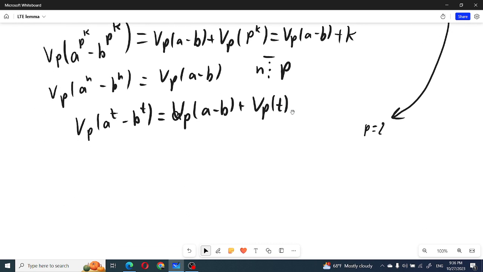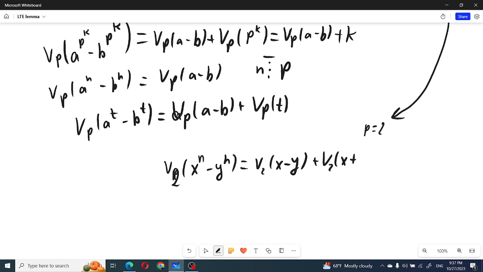If you are interested in the formula, please write in the comments and I will discuss this. v2 of x to the n minus y to the n equals v2 of x minus y plus v2 of x plus y plus v2 of n minus 1. This is almost the same but a bit different, and if you forget about this one, you will lose some points at the Olympiads.